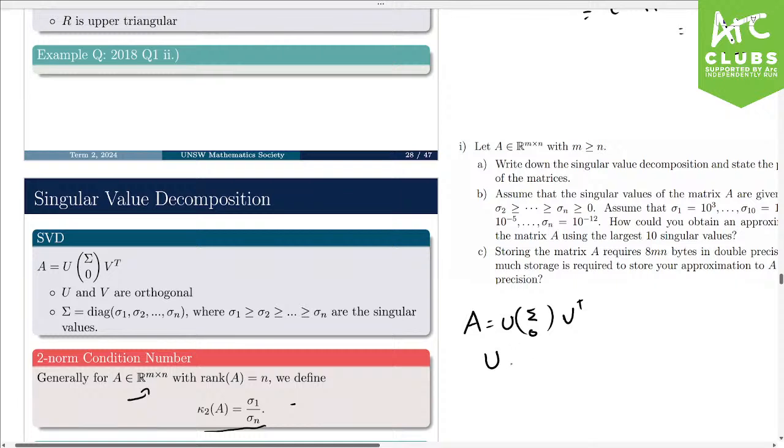So U will be m by m. This will be m by n, and V transpose will be n by n. U and V will be orthogonal, and the middle matrix will be as defined here.